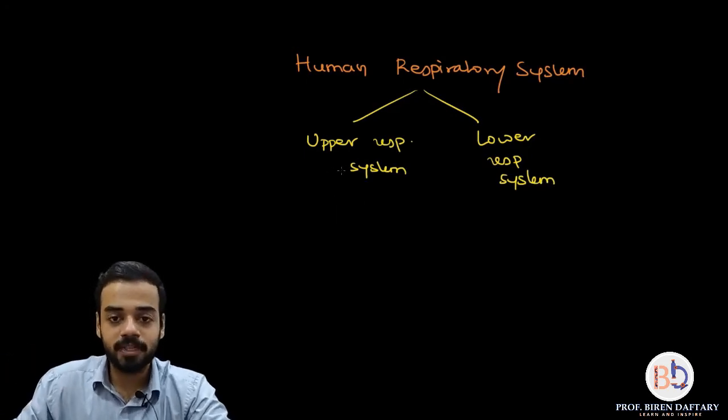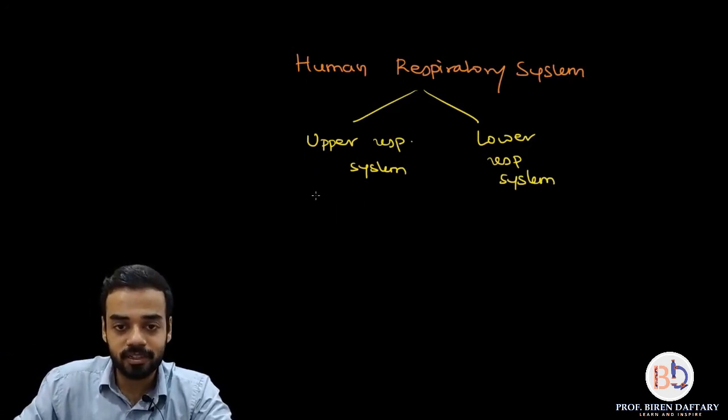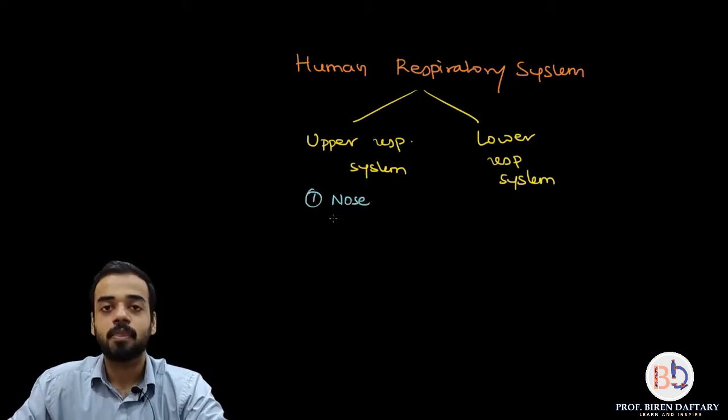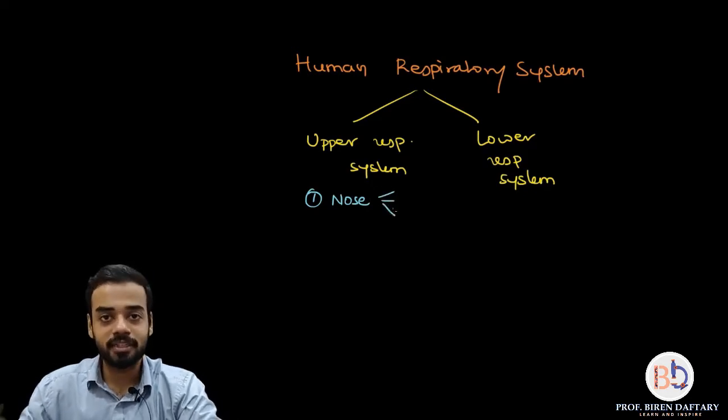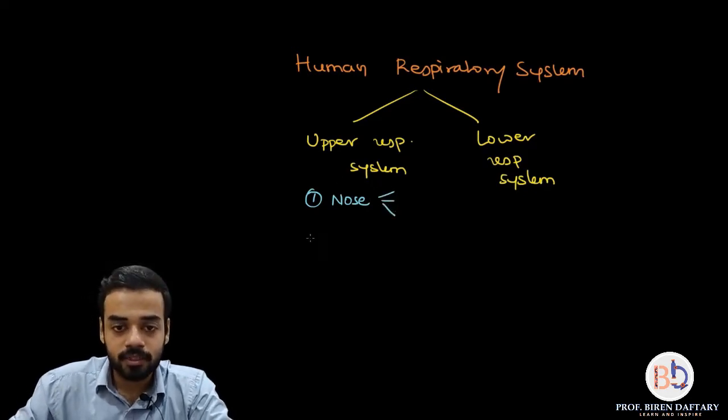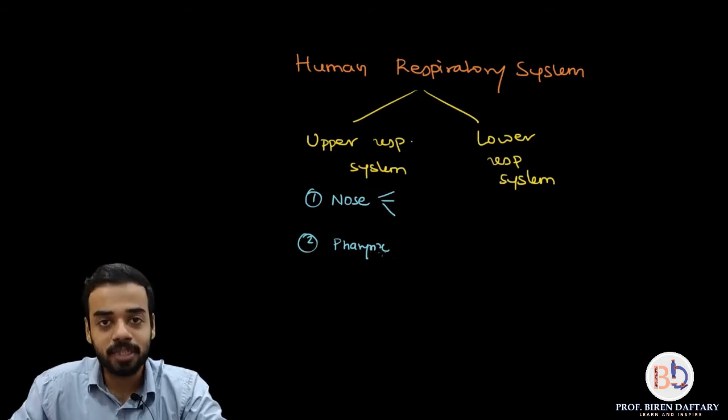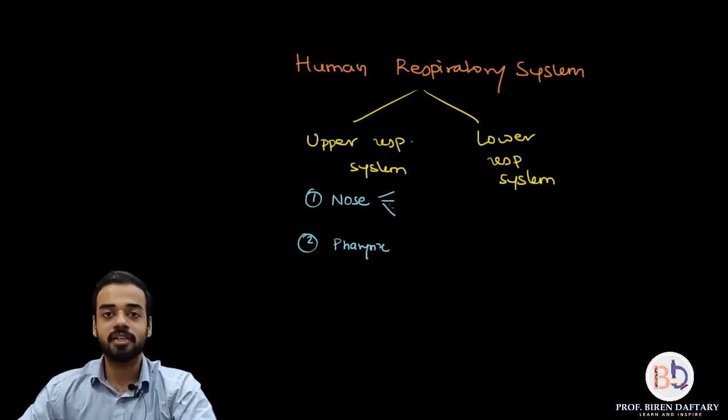The upper respiratory system consists of the nose. The nose is further made up of three parts, which we are going to see later on. Then there is the pharynx. The pharynx is again made up of three parts, and that division we are going to see later on.